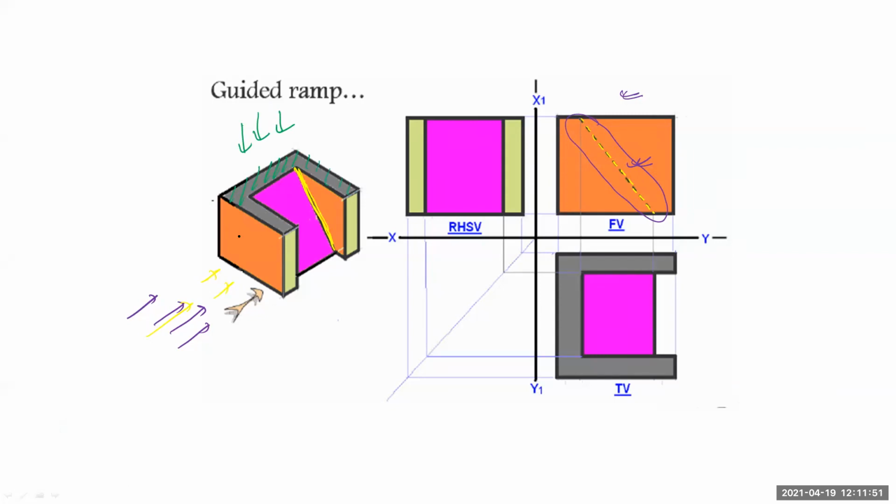You will not be able to see this orange color. You will not be able to see this light green color, but you can see this gray color portion as well as this pink color. So you can see its top view will be like this.